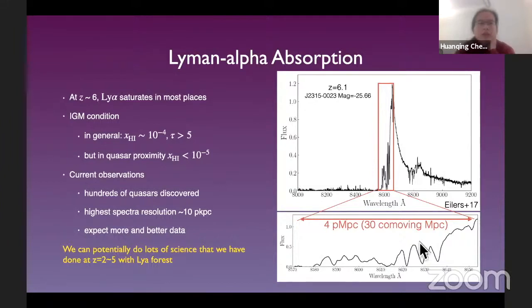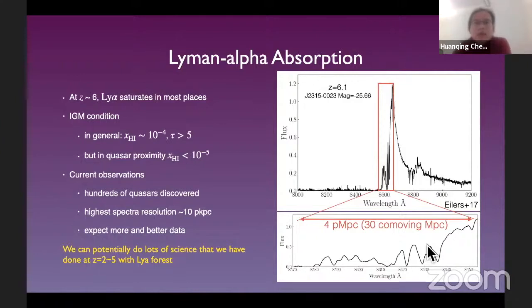And with high-quality spectra now, which have sub-Angstrom resolution, equivalent to 10 physical kiloparsecs, a lot of information is hidden here that we can potentially exploit to do a lot of the science that we have done at lower redshift with the Lyman-alpha forest.